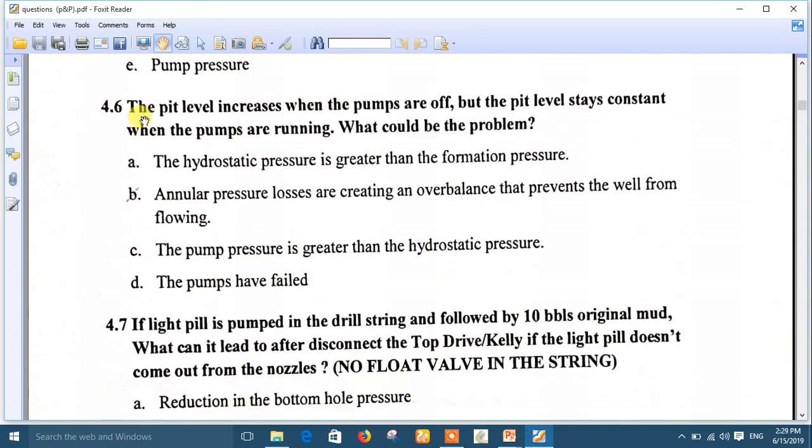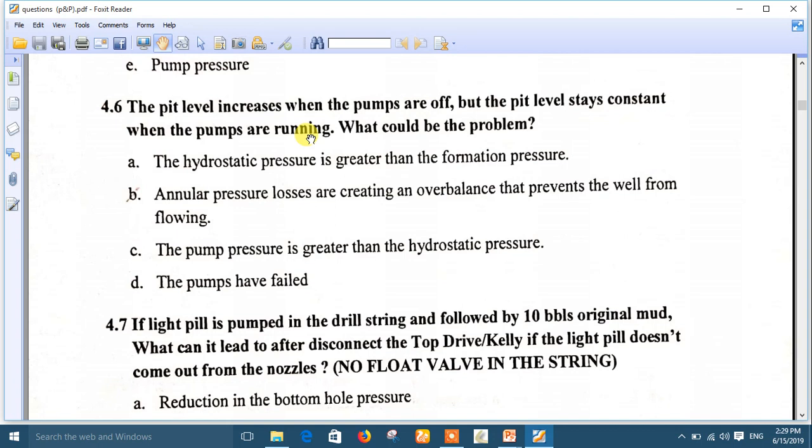Number 6. The pit level increases when the pumps are off, but the pit level stays constant when the pumps are running. This is what I told you yesterday.